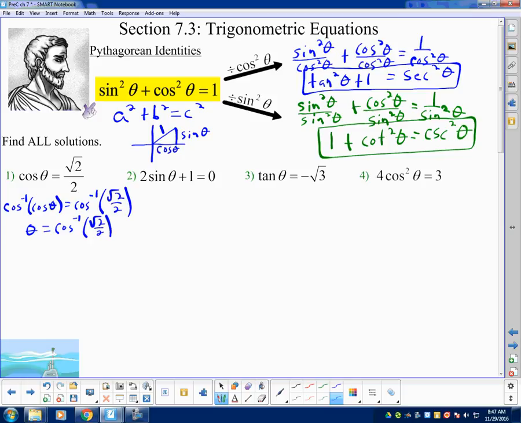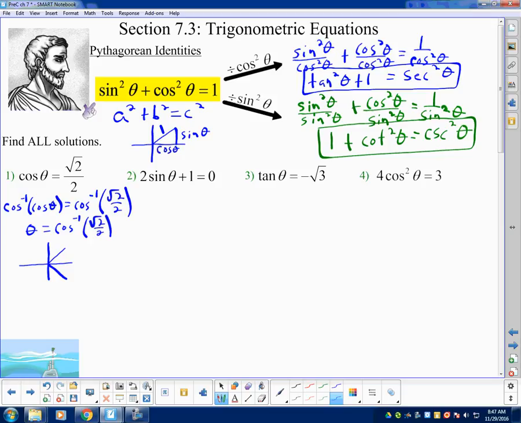So I like to draw a picture just to demonstrate where this happens. So there and there we have an arc whose cosine is root 2 over 2. And if you wanted to, you could call this one pi over 4 and this one negative pi over 4. That would be correct. Typically what we do, though, is we list all of them between 0 and 2 pi positive, and then just add a plus 2 pi k to it, where k is an integer.